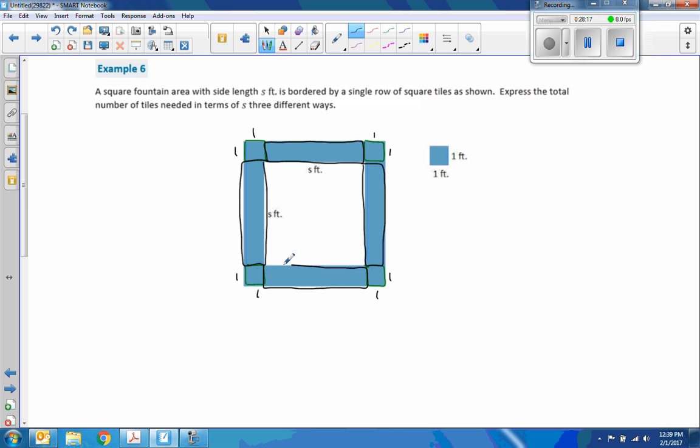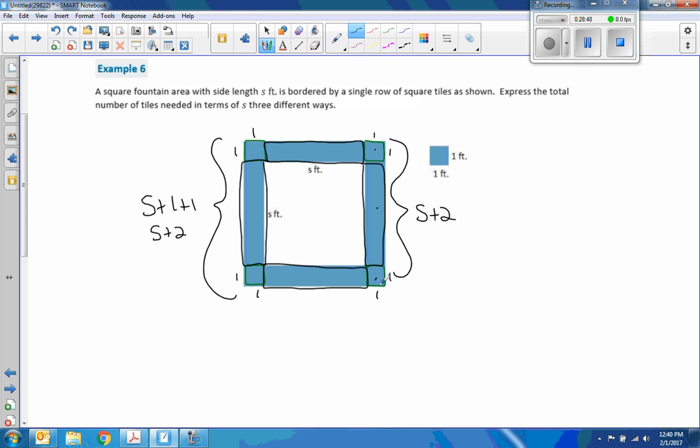So if I split this up like this, then this is length s, and this is length 1. So how do I represent this side here? Well, I have this s plus 1 plus 1. So that'd be s plus 2. So if I do the same over here, I'm going to get s plus 1 plus 1, which is s plus 2. Be careful, I cannot do that down here.